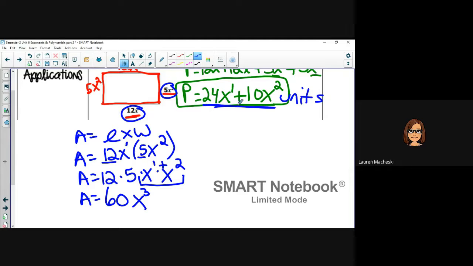If it was feet, I would just say feet. So since it doesn't specify, I'm just going to say units. When you do your area, it is units squared. So perimeter is just the unit. Area is the units squared. So that should be part of your answer.